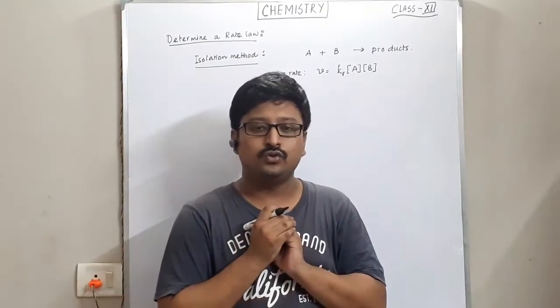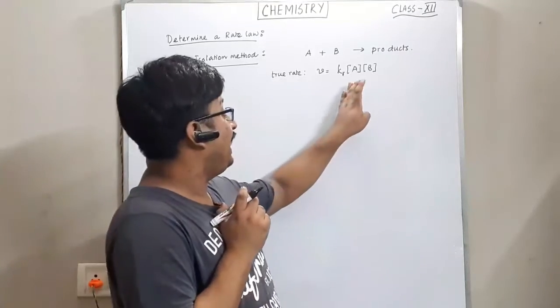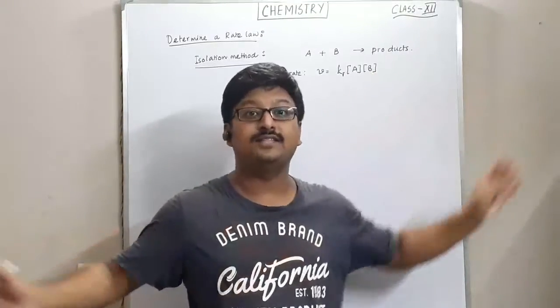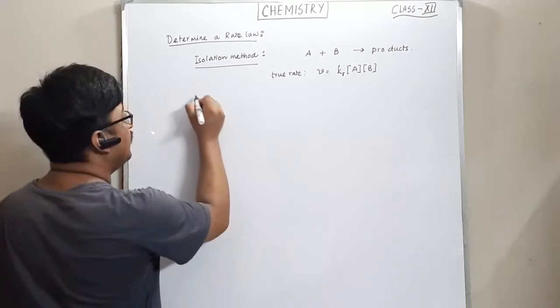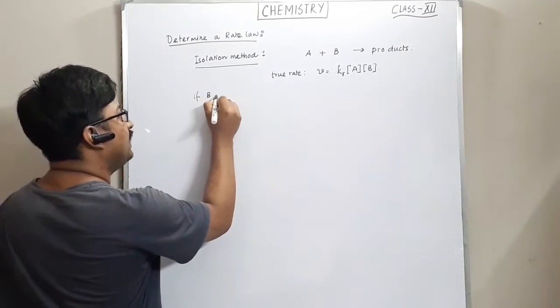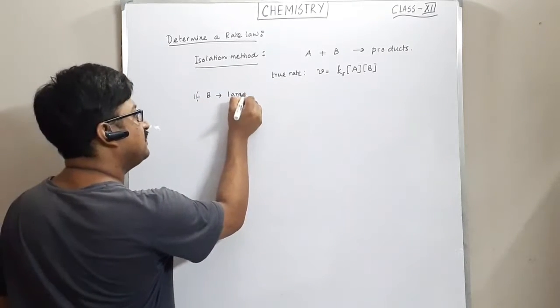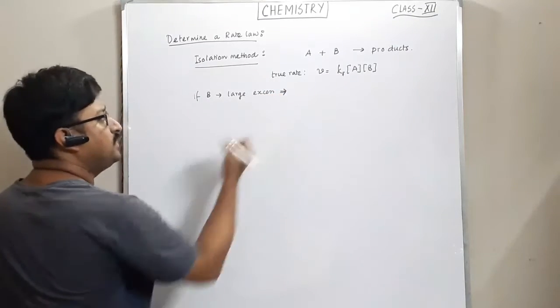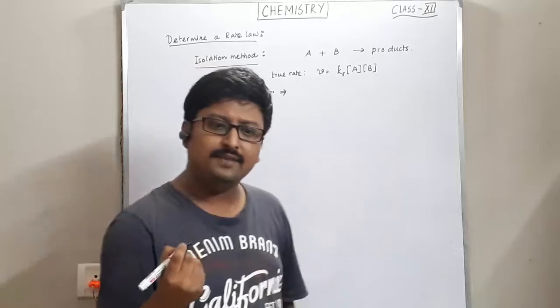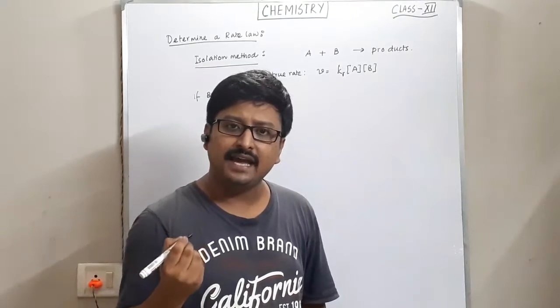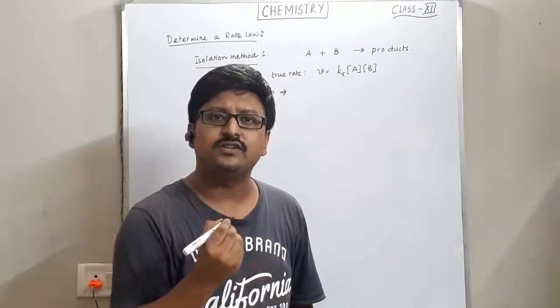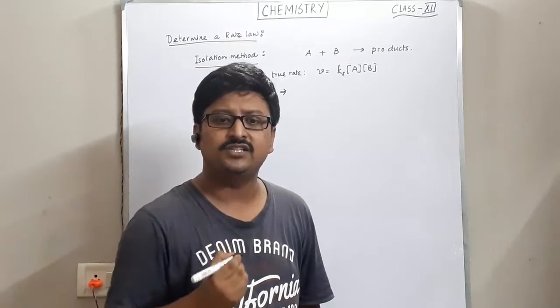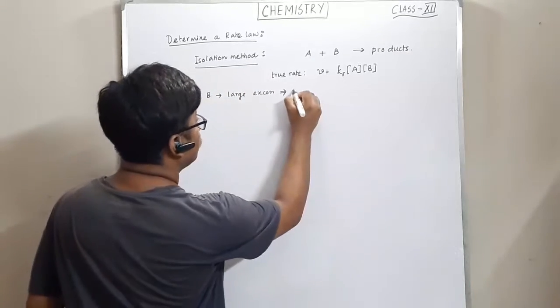So what we can do is take either A or B in large excess. Let's assume here B is in large excess. When we say B is in large excess, we can assume that its concentration throughout the time of the reaction is constant.